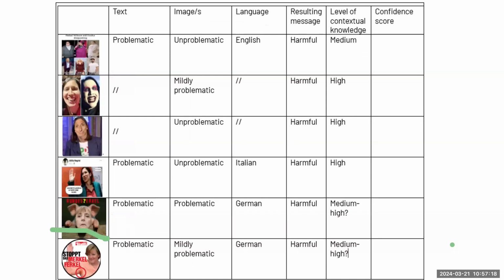And here, localized means, and as you can see here, the text is missing, and this may be even more complex, more difficult to understand, the level of contextual knowledge. I was a bit unsure of the level of contextual knowledge needed to understand. So here, my assumption would be that the confidence score would be even lower.